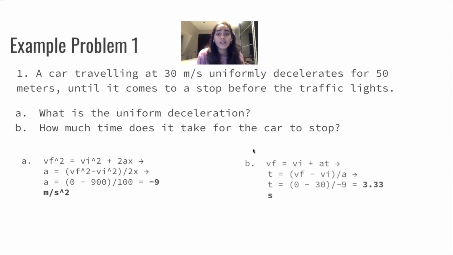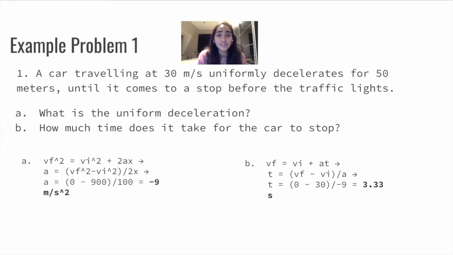In terms of time, here we're going to be using this formula: the final velocity equals the initial velocity plus acceleration times time. Keep in mind that these problems are labeled this way because we can use the information from part A to solve for part B. Again, putting in the variables and values that we have, we solve that t equals 3.33 seconds.